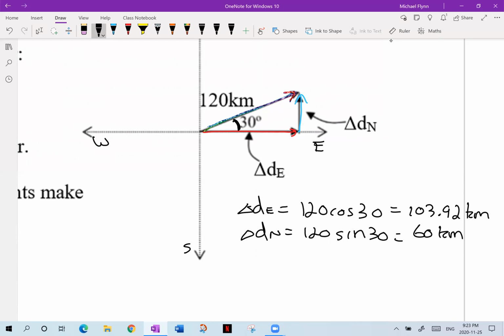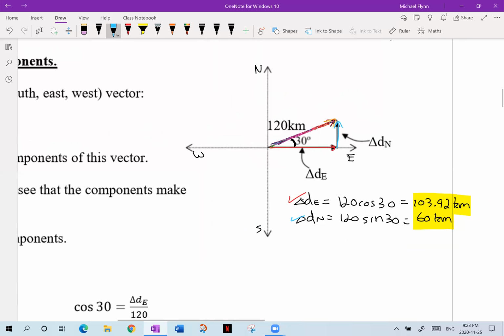Okay, so if I'm going 120 kilometers along this rainbow line, 30 degrees north of east, you could get to the same spot by traveling 103 kilometers east, and then turning and going 60 kilometers north will take you to the same destination, okay? So these are the east and north components, okay? So the east one we colored red, and the north one we colored blue. The east and north components of the original displacement vector.